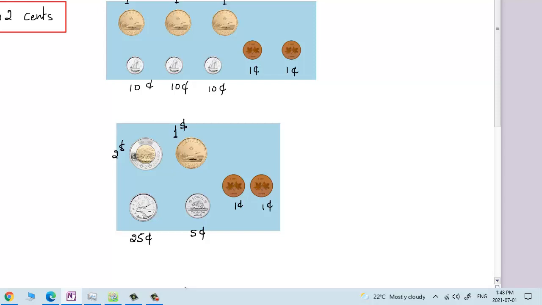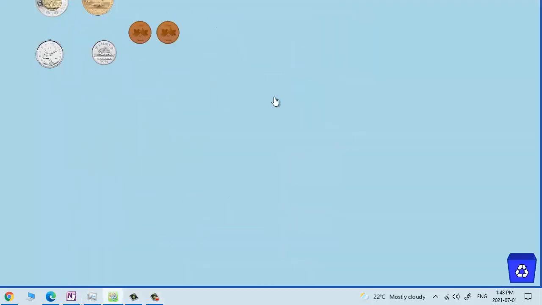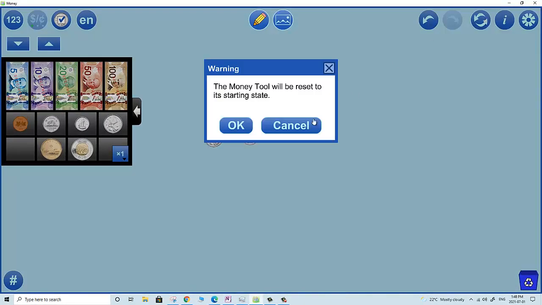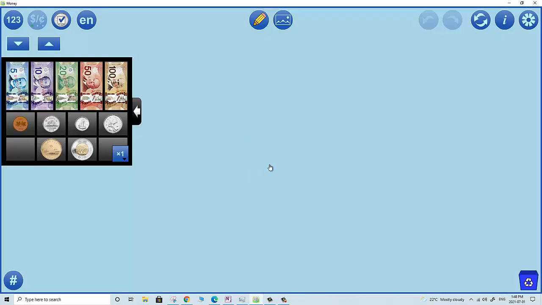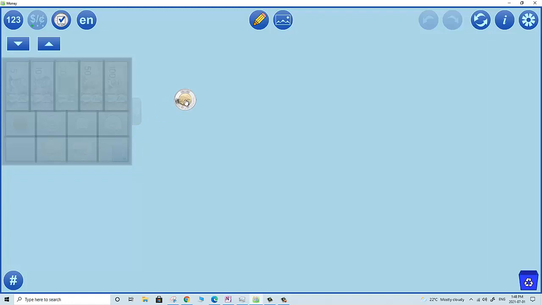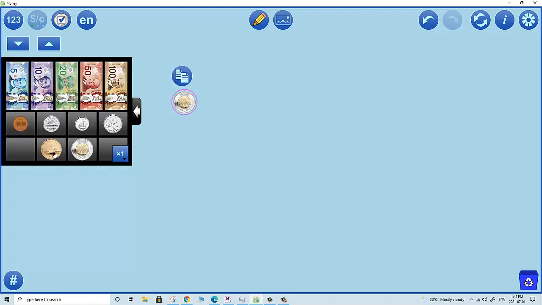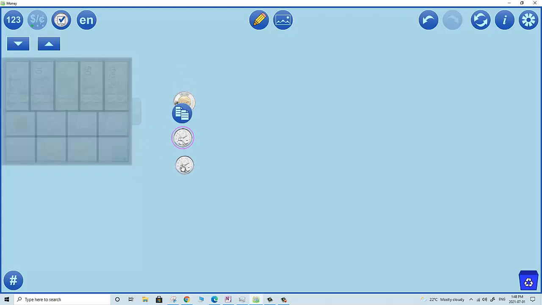Another student will say, no, I have another idea. So let's see what is the idea of the other student. He will say what? I'm gonna take the toonies, and this loonie I'm gonna replace it by 4 25 cents. Wow. Yes.